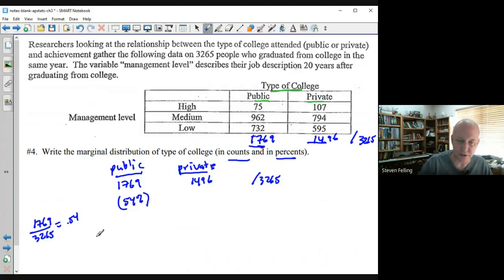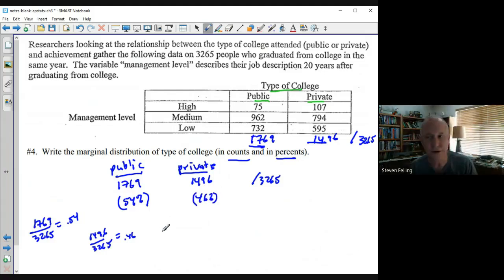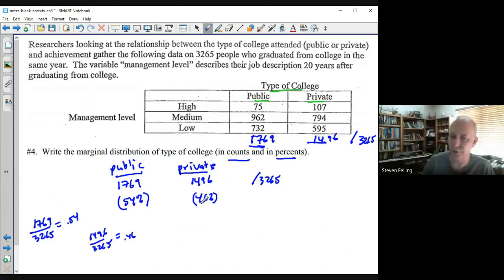And then if you did the calculation 1496 out of 3265, you would get 46%. The other 46% went to private colleges. On the AP test and in all of our quizzes and tests, you never want to show a number without showing where it came from. So you would want to show this calculation somewhere on the paper, as well as just stating it.